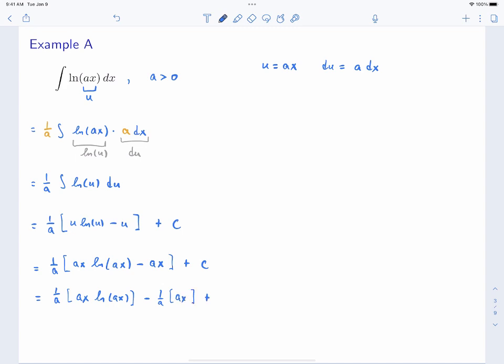And then we have, of course, the plus c at the end. And now, this 1 over a cancels with that a, this 1 over a cancels with that a, and what do we end up with? We end up with x ln ax minus x plus a constant. Let's fix our c so it looks like that. Okay, and that's our answer.